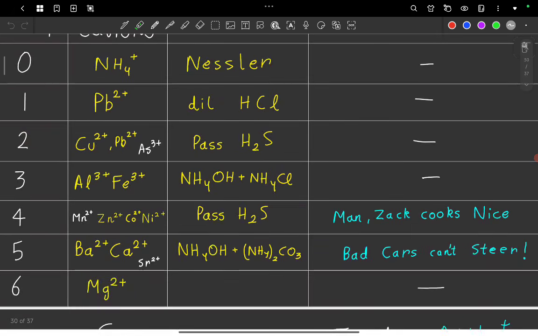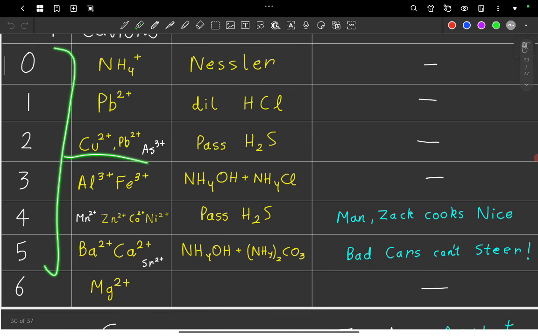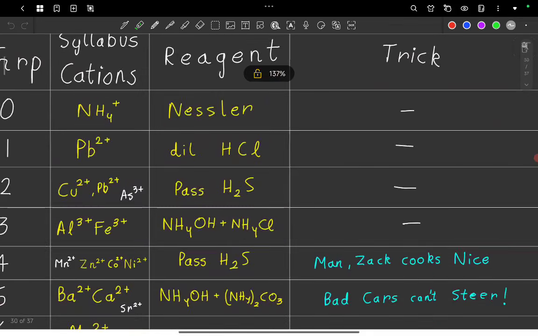When that original solution is prepared, you first pass it through dilute HCl. If it gives that result, good. If not, you move on to the second step. If it produces a result, good. If not, move on to the third step. Then the same philosophy applies: move on to the fourth step, the fifth step. Now, if groups 0 to 5 yield no result for you, then only do you have to test for the magnesium ion, which is group 6.